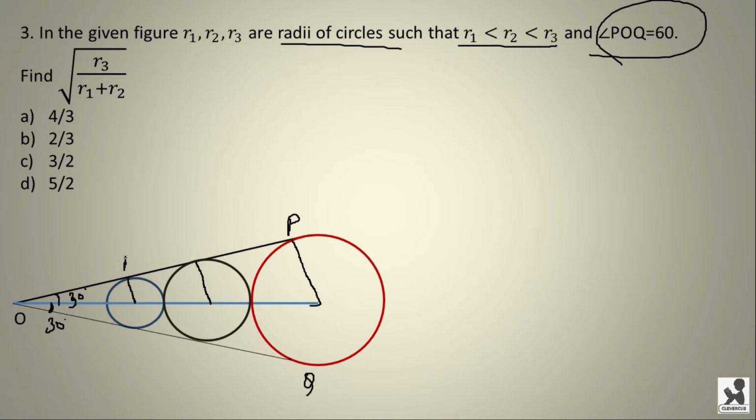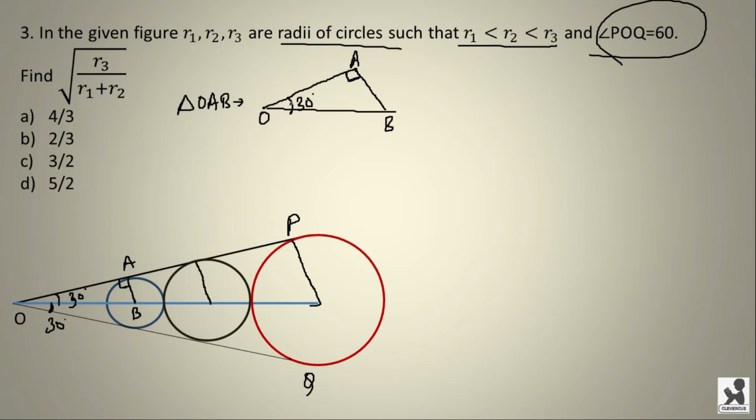Name them as A, B. Now I am drawing the triangle OAB. This is point A, this is O, and this is B. This is a right angle triangle because OP is the tangent to the circle at point A. Now this angle is given as 30 degrees.